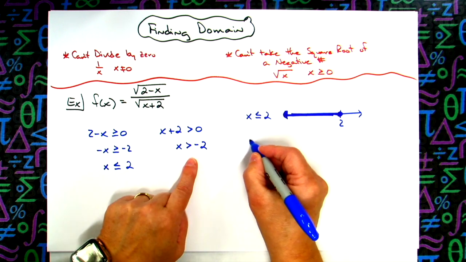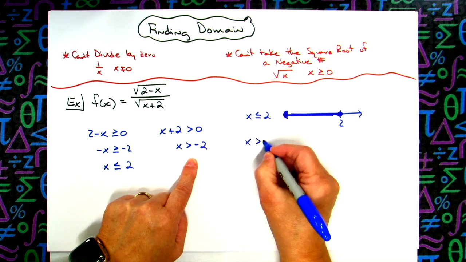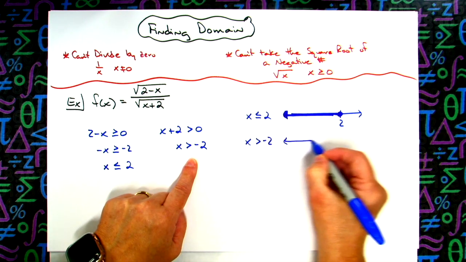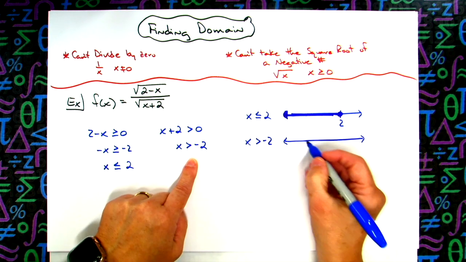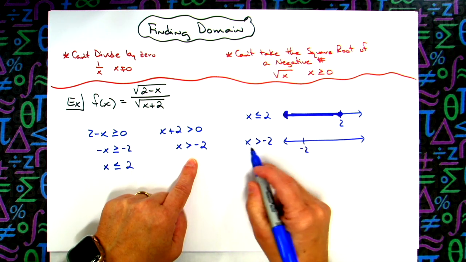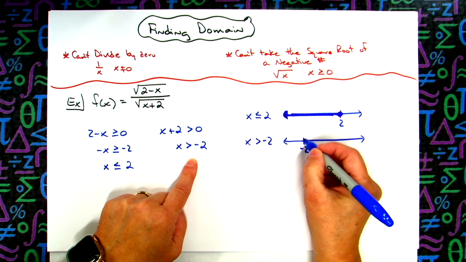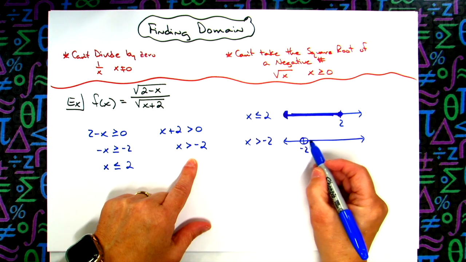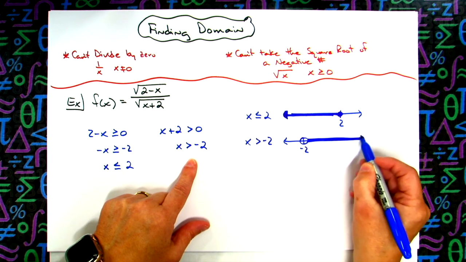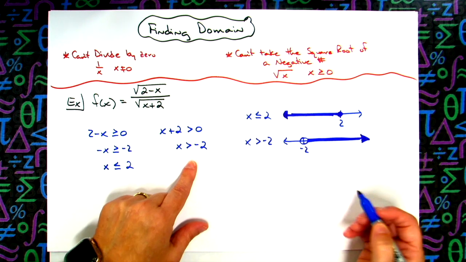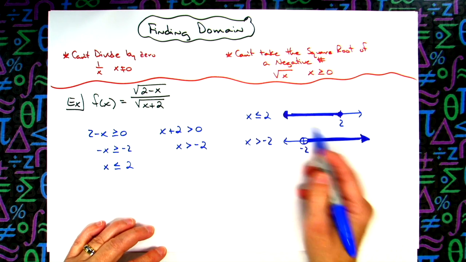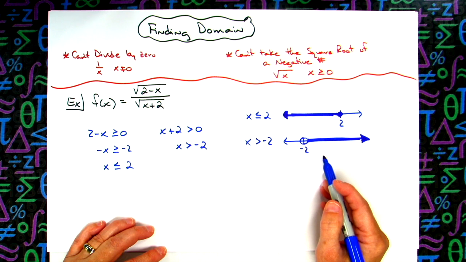If I take my other restriction, x is greater than negative 2, trying to draw them somewhat to scale, negative 2 would be down here. It says x is greater than negative 2, so I'd have an open dot there, and then I would be shading to the right. Now, for my overall domain, what part of these two number lines overlap?